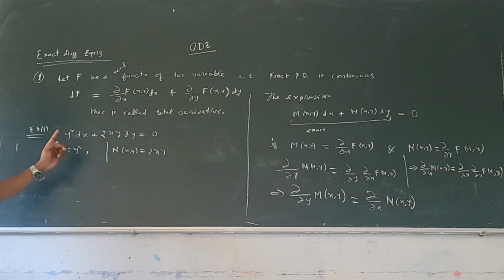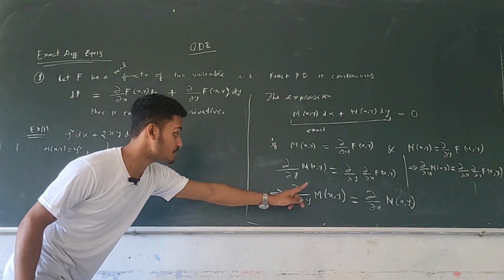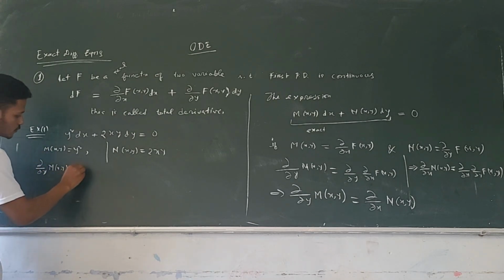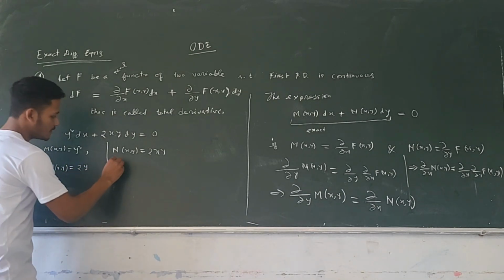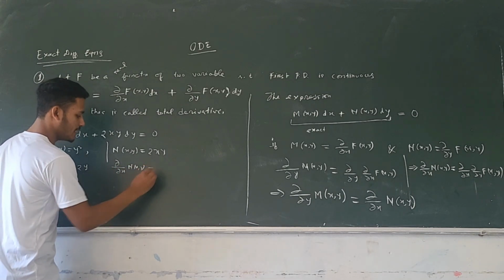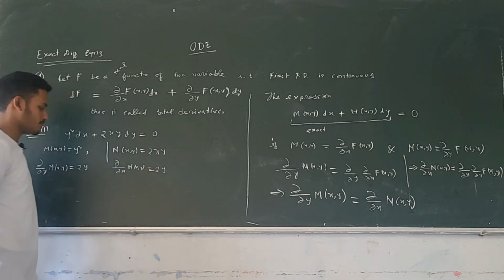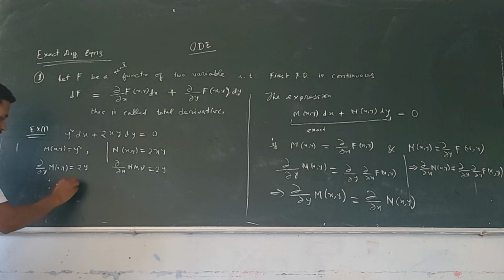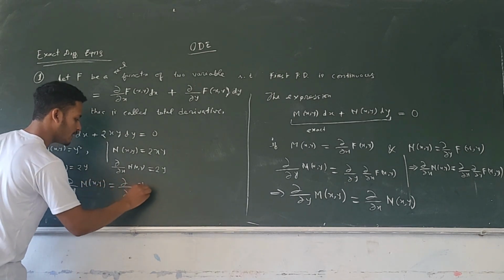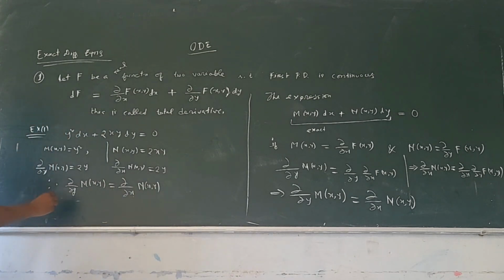Is it exact? How to say it? Differentiate with respect to y. ∂/∂y of M(x,y) you will get 2y. ∂/∂x of N(x,y), you will get 2y. Since ∂M/∂y is equal to ∂N/∂x, this implies this differential equation is exact.